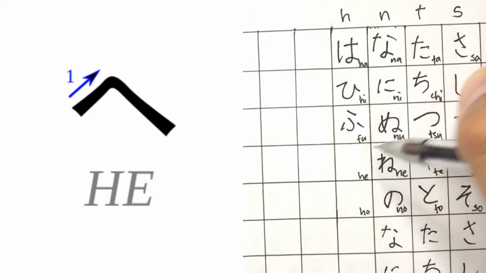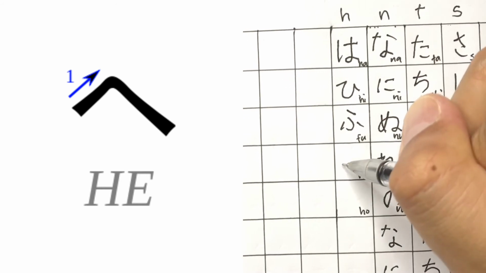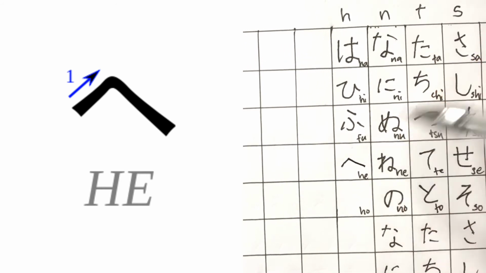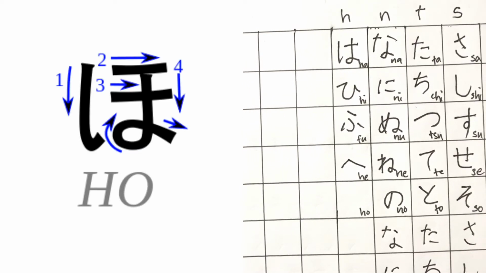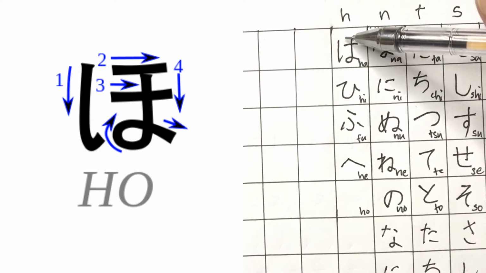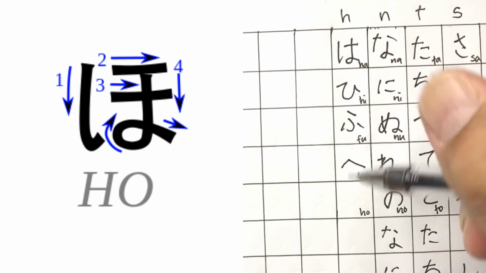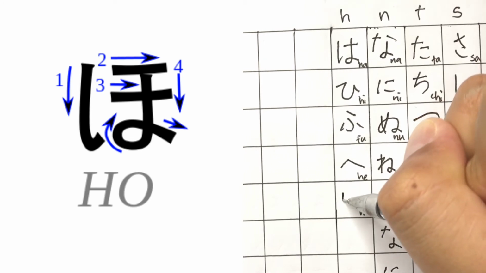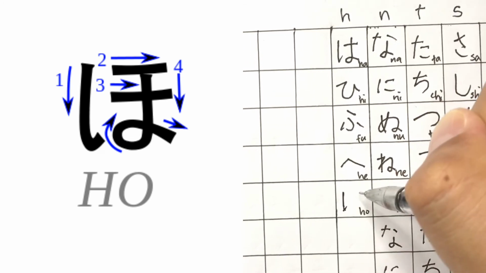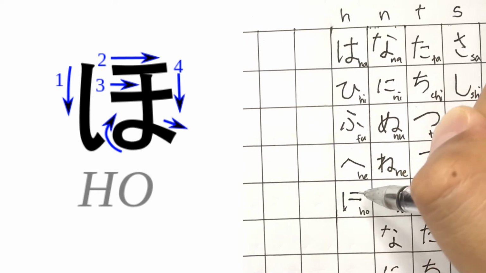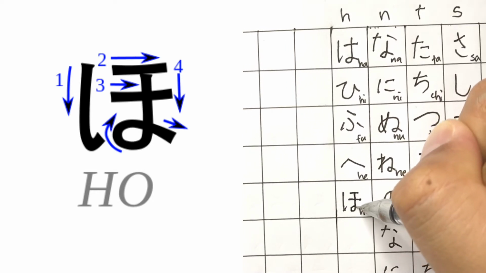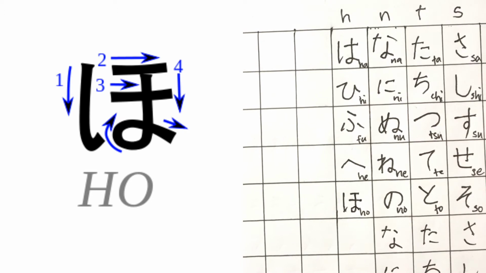The next character is he. 1 stroke only. Last character is ho. Ho is like the character ha with 2 lines at the top. So 1 and 2, 3, ho.